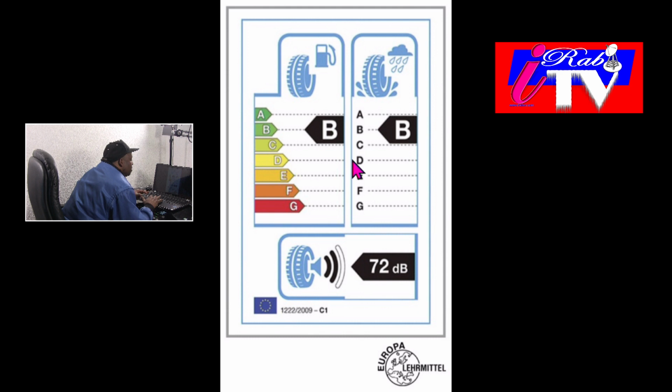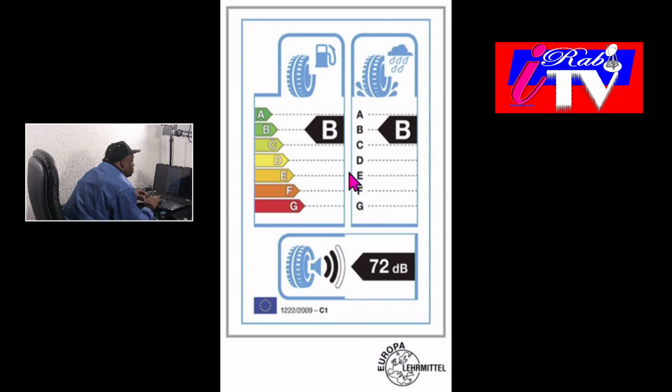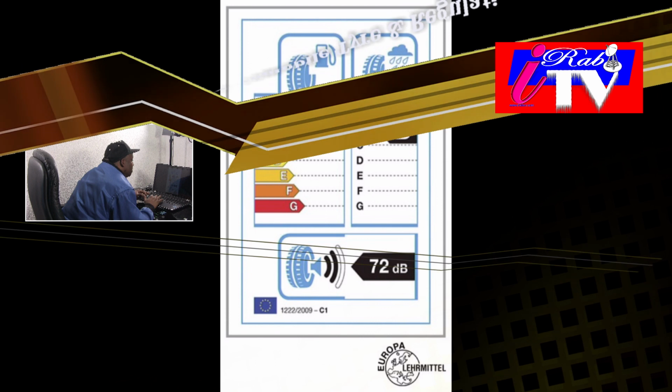So it's very important that we check. As I said, this law has been in force since 2009 in Europe, that every tire must have this inscription on it. They gum it on the tire, so you will know what you are buying, whether it's A, B, which class you are buying. So it's very important when buying tires, especially for people in Europe here.